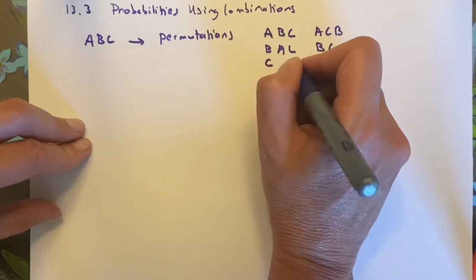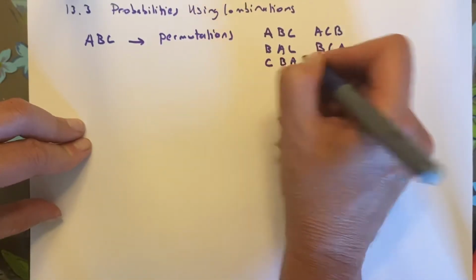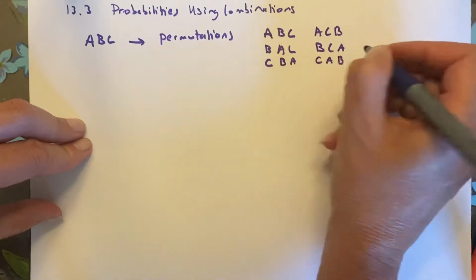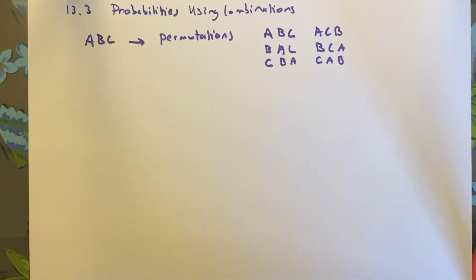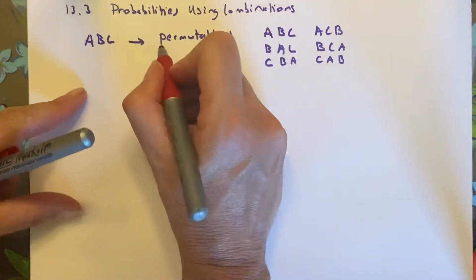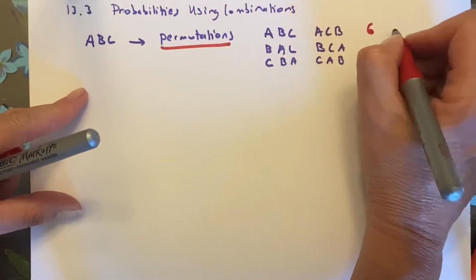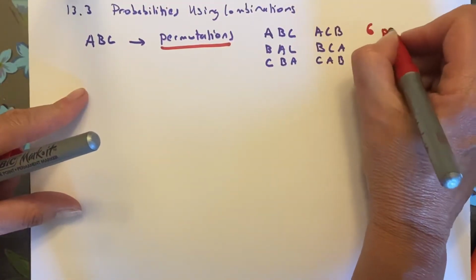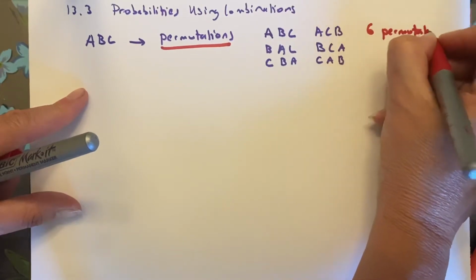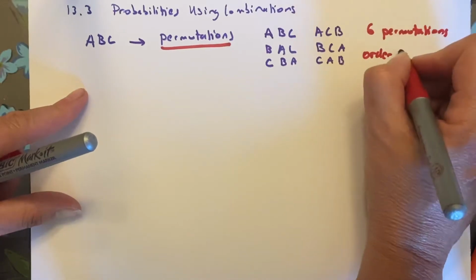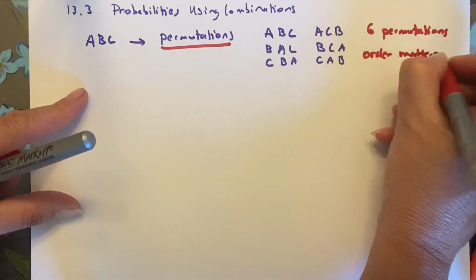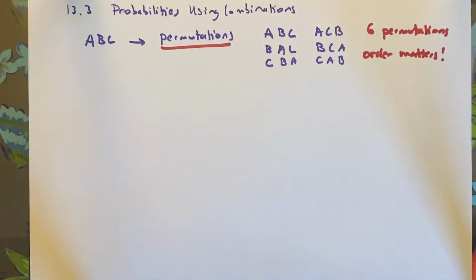And I pick C, I'm left with BA or AB. So I can see that I have 6 permutations. And that order matters.